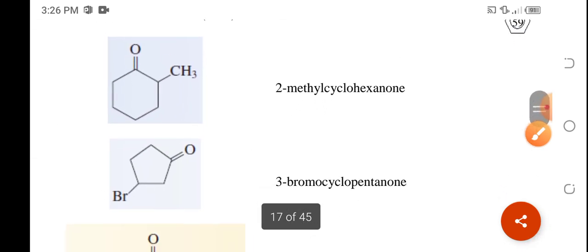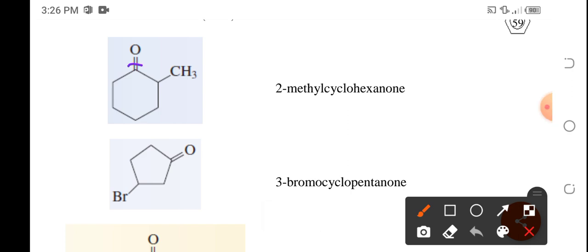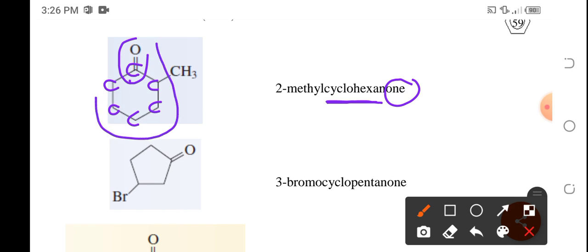Okay? Ito, cyclic ketone. So we have a carbon atom here. That's carbon number 1. Another carbon. In the cyclic structure, we have 6 carbon atoms. So that is cyclohexane. But we are dropping the E and adding ONE because of the functional group carbonyl. So the whole of this is cyclohexanone.